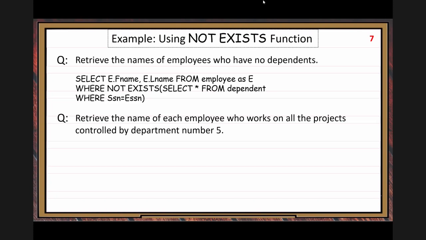But from the original statement, we cannot see why negation, right? Look at the first example, you can see the negation because of the word "no dependent". From this word, no, you can see the sign to use not exists, right? But the second one, you cannot see that kind of related words.